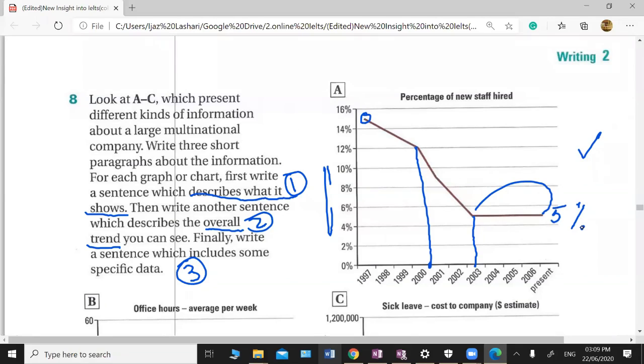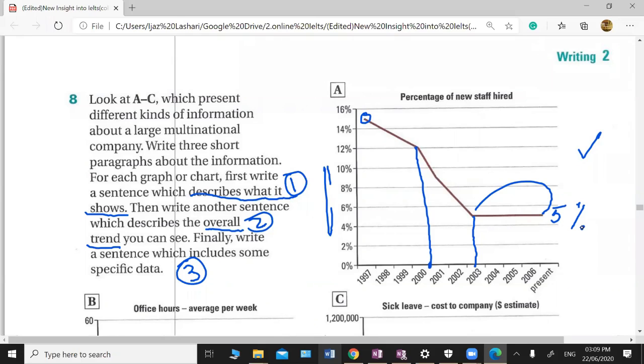So first, you will make a sentence and explain what this graph shows, what it tells. The second sentence is the overall trend given in this whole graph. That is number 2.